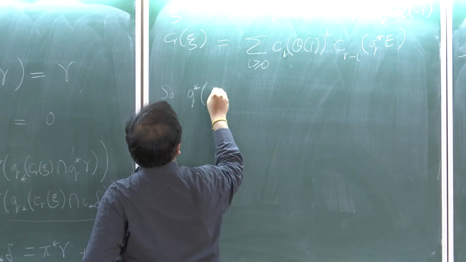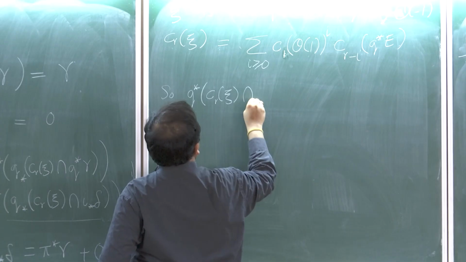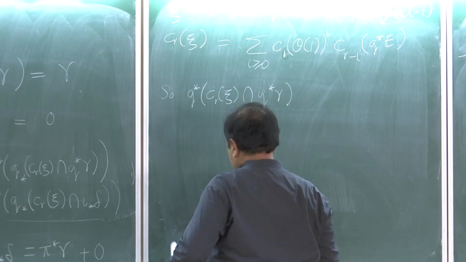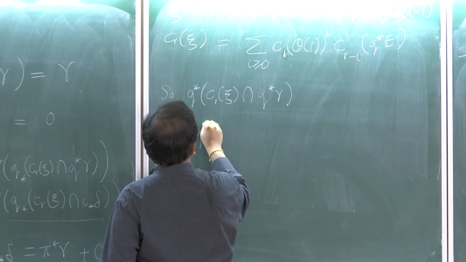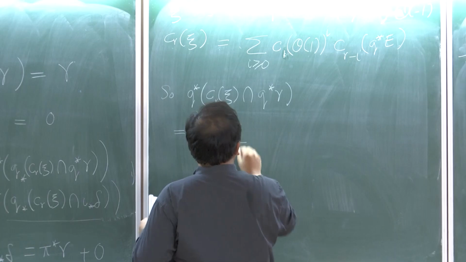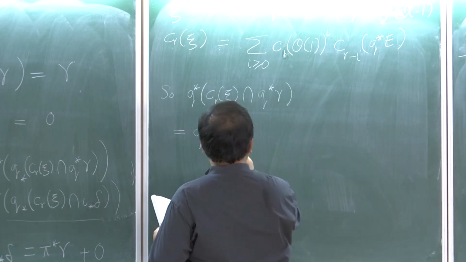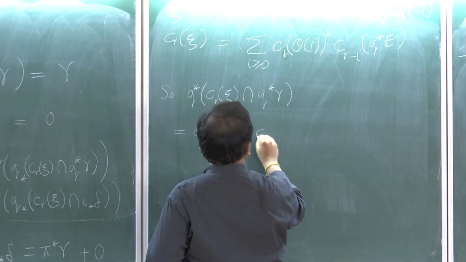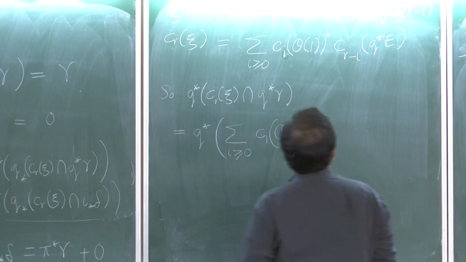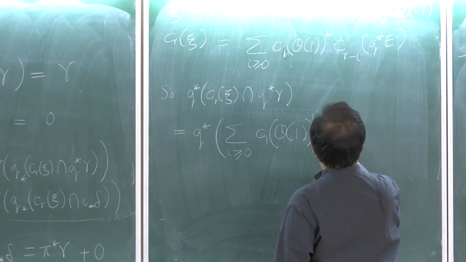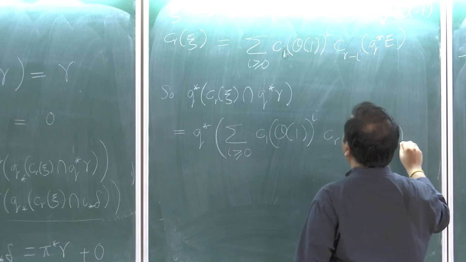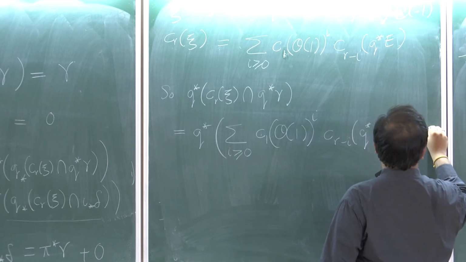Q lower star of CR psi capped with Q upper star of gamma is equal to Q lower star of the sum, I greater than or equal to 0, of C1 of O1 to the power I, and I have CR minus I of Q upper star E capped with Q upper star of gamma.